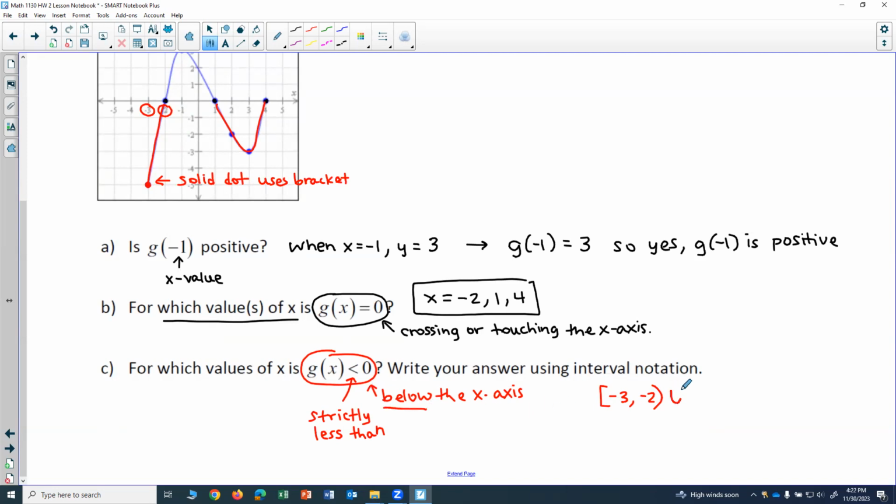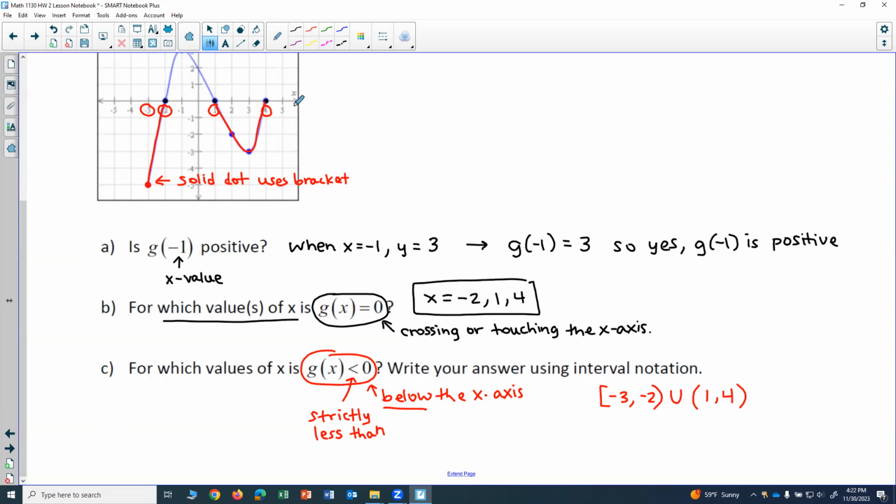Now you can use the union symbol, or you may be asked to use a comma to separate your intervals. And we'll look at the next interval. So from x equals 1 to x equals 4, remember our intervals are using those x values from 1 to 4. And at x equals 1, my graph is equal to 0, so I don't want to include it, so I'll use parentheses.